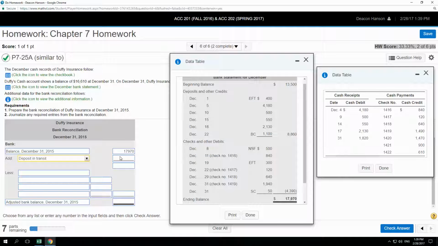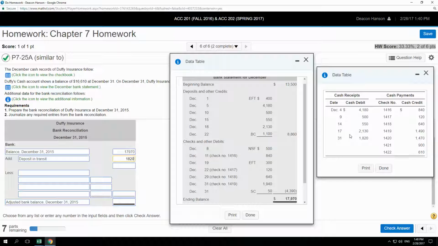When I do the reconciliation, I'm going to have to add this deposit in transit because I want to make the bank balance the right balance. I need to adjust that balance, so it's going to need an additional 1,820 right here. We've identified it. You see how I identified that amount? It makes sense. Sometimes your eyeballs bounce around and you think you should be looking from the bank statement back to the book statement.